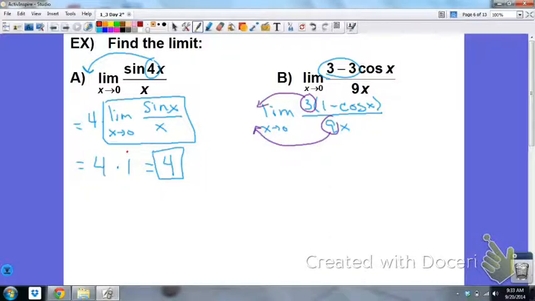So we now have 3/9 times the limit as x approaches 0 of 1 minus cosine x over x. This then becomes 1/3, or 3/9, and the limit as x approaches 0 of 1 minus cosine x over x is one of those special limits that we need to memorize, and the value of that limit is 0. So our answer is 0.